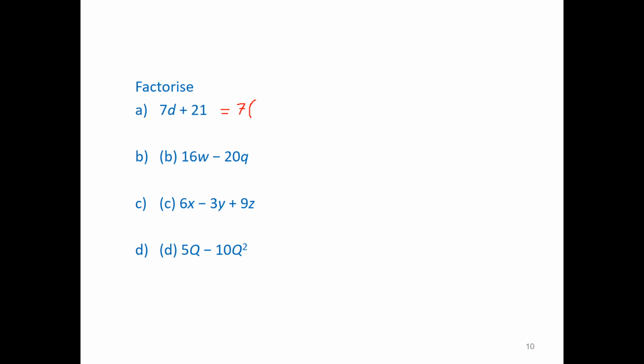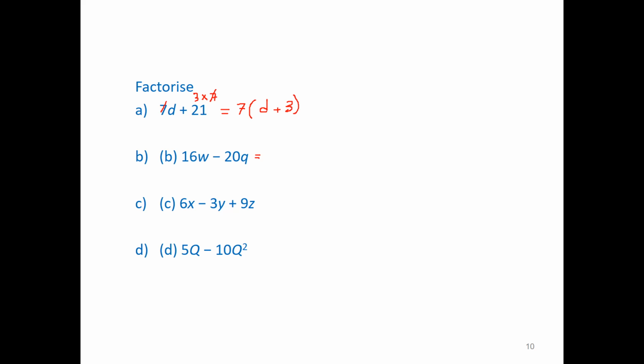And then you open the bracket. The remaining from the first term is d, and the remaining from the second term is 3, because 21 is factorized as 3 times 7. So this 7 and this 7 can be taken as a common factor, and then the remaining will be d plus 3. Okay?